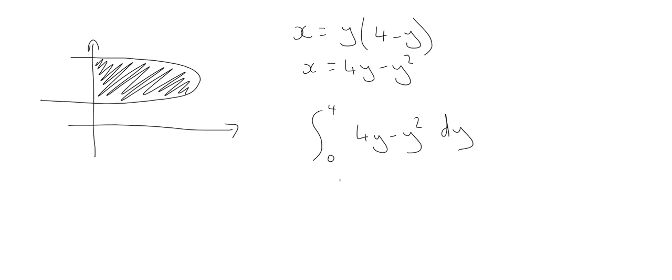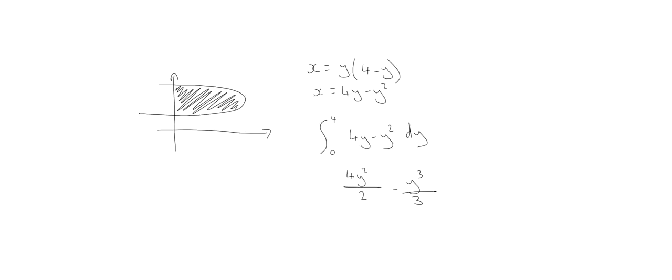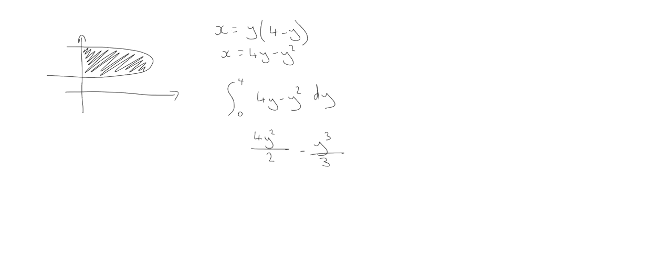Did I say differentiate? I don't know why I said that. I'm integrating, obviously. So again, I add a power, divide by the new power, add a power, divide by the new power. All right, let's zoom out a bit because I'm running out of space already. Okay, so then we end up with 2y squared minus a third y cubed.